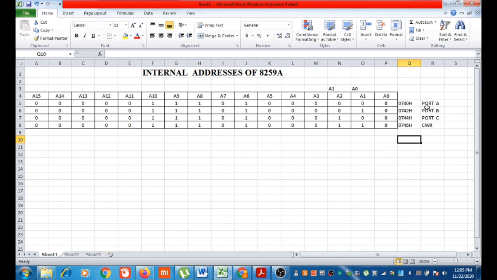These are the port A, port B and port C addresses, and 0746H is the control word address.